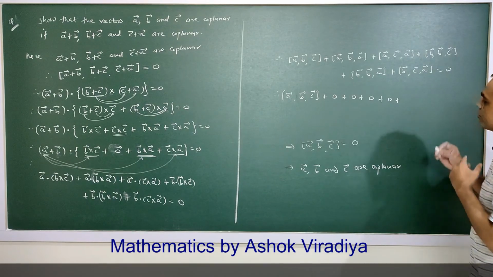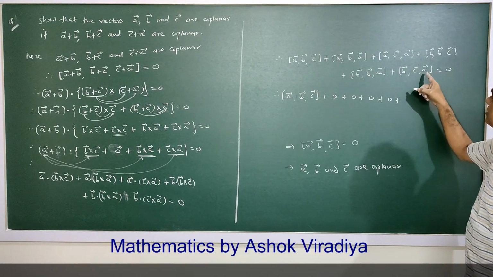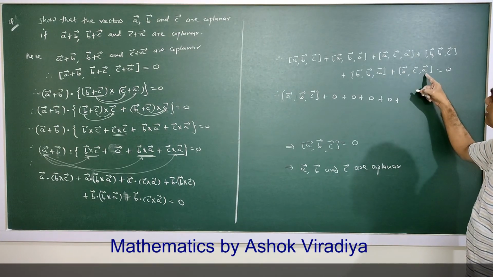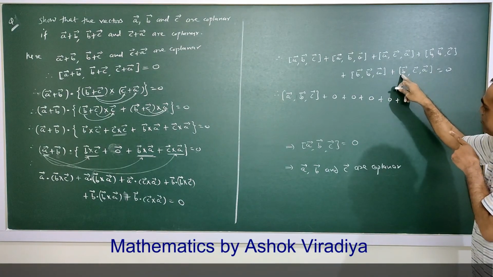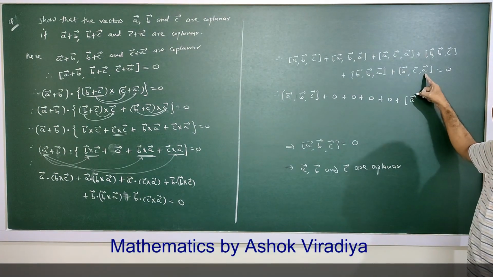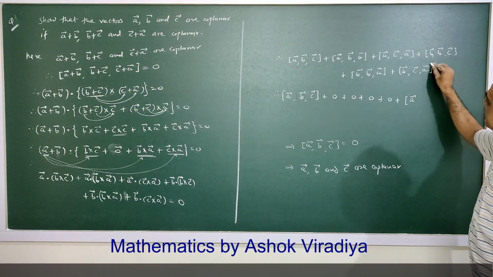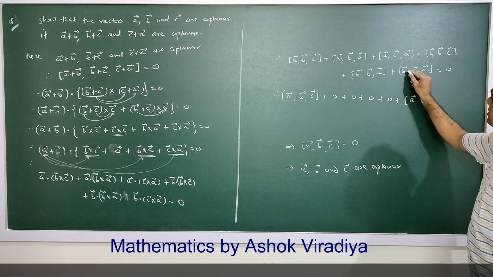So the last we can write as, I am making it similar to the first term. Here starting is from B, so I am starting from A. Now look at the chain: after A, what comes? B. After A, B comes, then what comes?